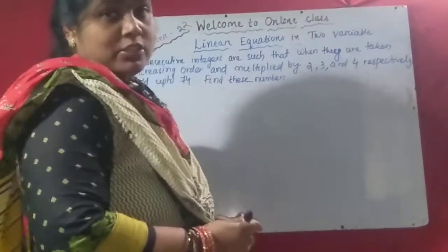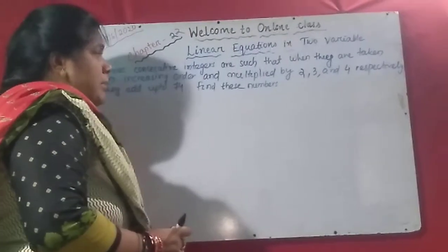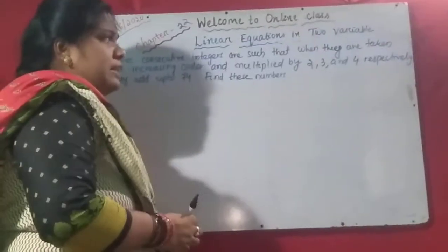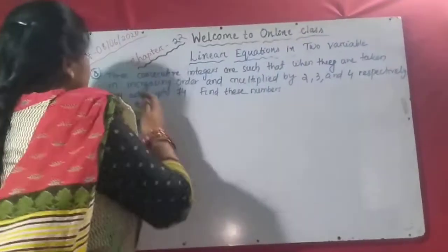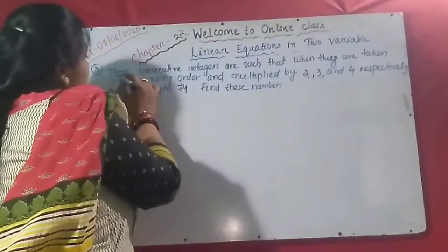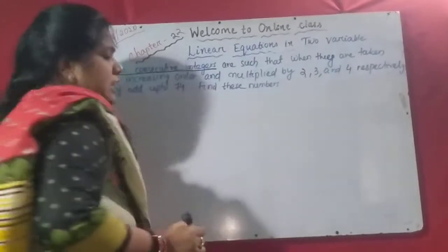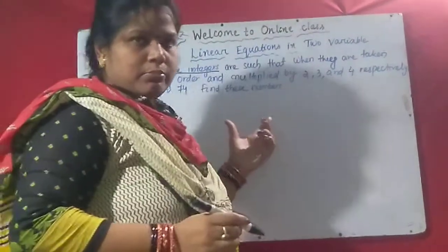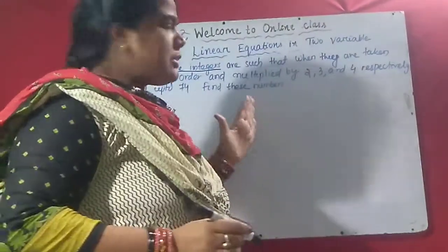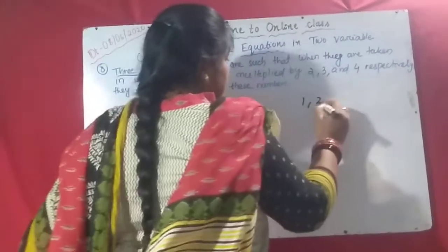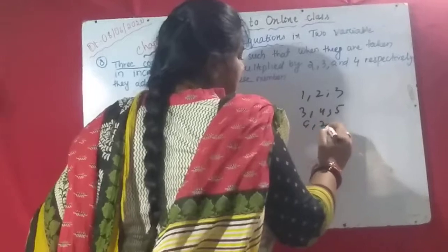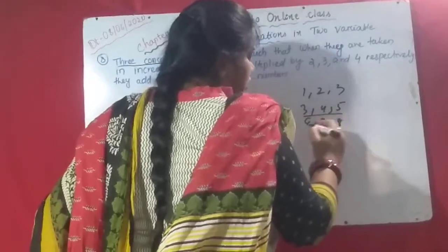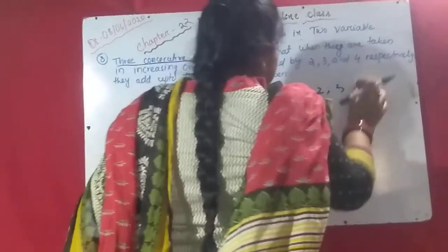If we read word by word slowly and try to understand, then we can easily solve the problem. First line: 3 consecutive integers, serial numbers. But we don't know what the numbers are. Consecutive means, suppose, 1, 2, 3 or 3, 4, 5 or 6, 7, 8. They are called consecutive, meaning serial numbers.